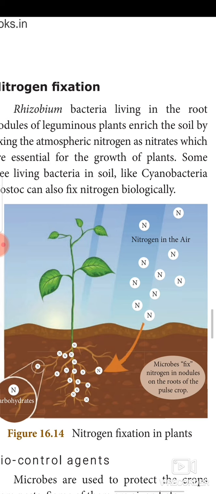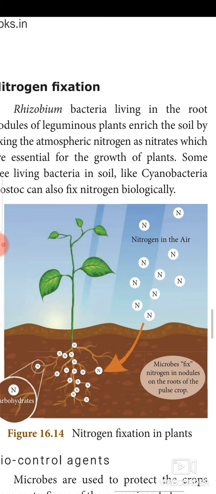To grow, the nutrients should be available in the soil. What is the work of rhizobium? It absorbs the atmospheric nitrogen and makes it into nitrate in the soil and helps the plants grow with complete nutrients. Some free living bacteria in soil like cyanobacteria can also fix nitrogen biologically.